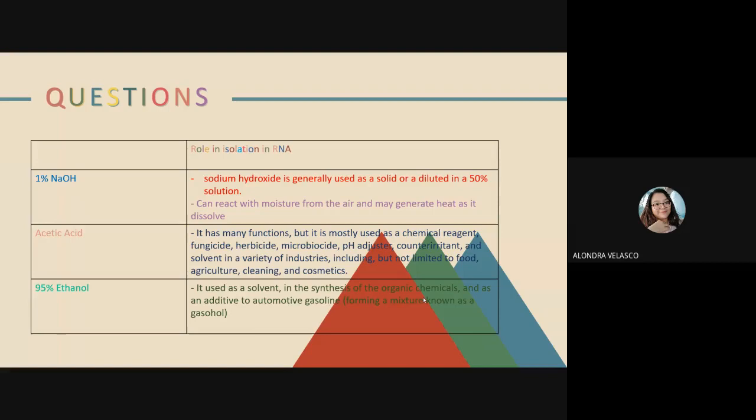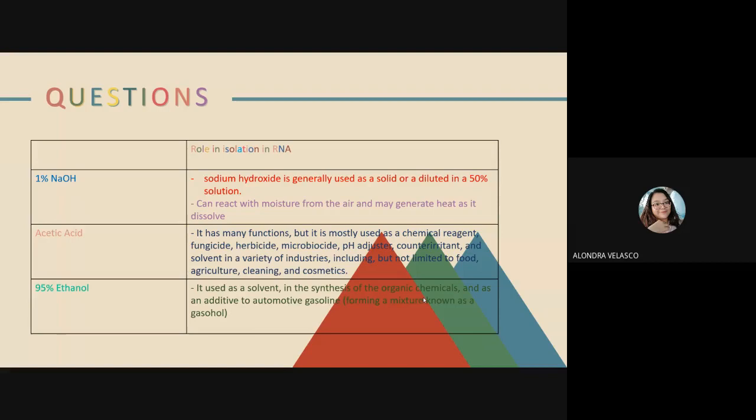Lastly, 95% ethanol. This is the highest concentration of ethanol you can get by distillation because 95.6% ethanol is an azeotrope. What is an azeotrope? It means a mixture of two liquids which has a constant boiling point and composition through distillation, which means the vapor state has the same ethanol-water ratio as the liquid state.